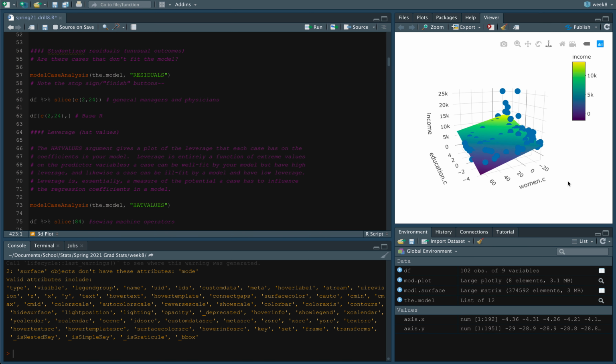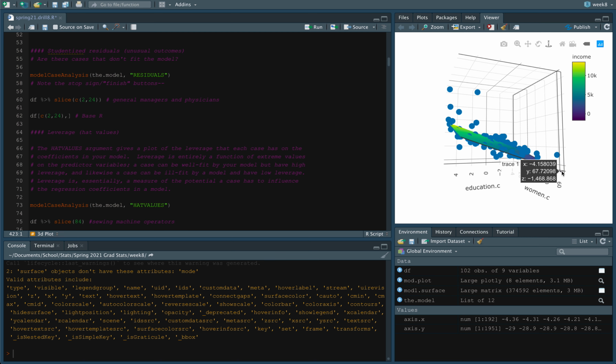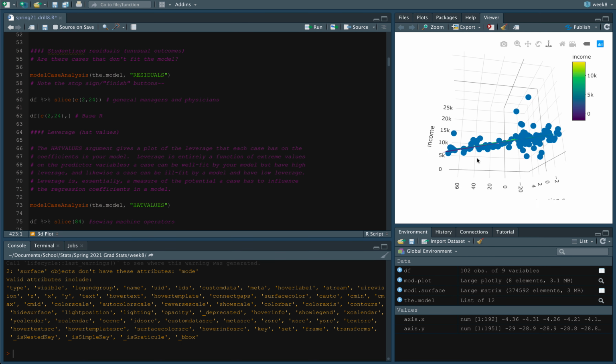There are some up here that are really high. We've got our physicians and general managers, for instance. They're making substantially more than a lot of people. But the one that I really want to focus on is down in here. It's right here, our sewing machine operators. You notice that it's pretty far off that predicted plane, because it's a weird combination.